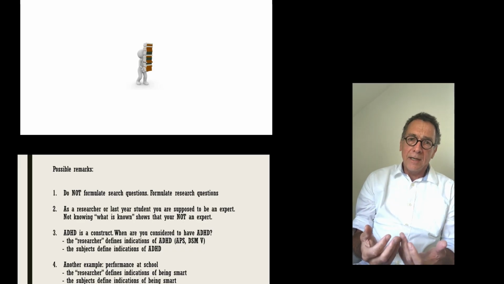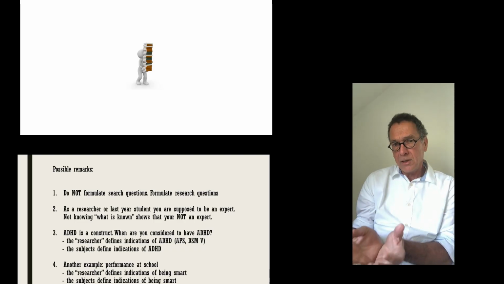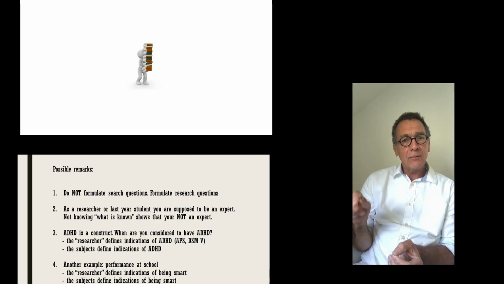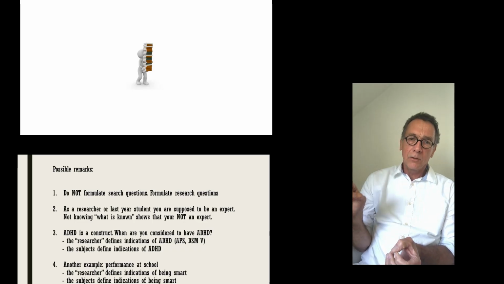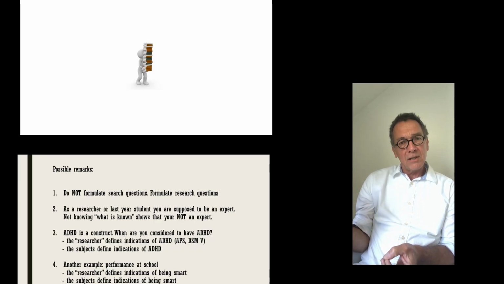And if someone has been trained in the action-based type of research, he will say to you, remember, you have to talk to the people being researched to define if someone is a good student. And you have to talk to them to find out if people are suffering from ADHD. The people being researched define these constructs.